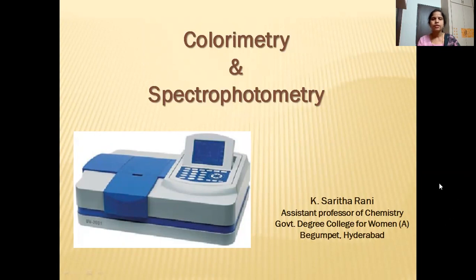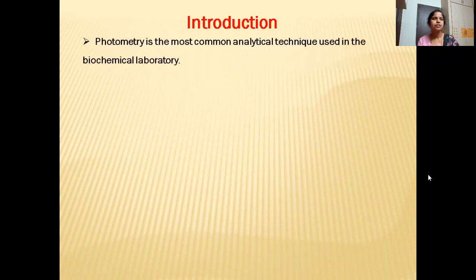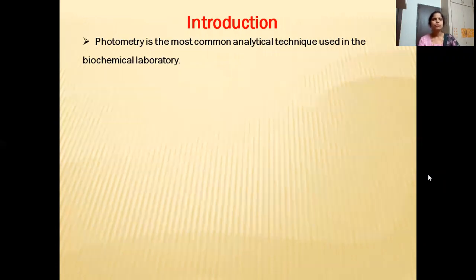So before going into this topic, let us know what is photometry. As these two techniques are concerned with light, we can study photometry and spectrometry when the light interacts with the matter. So the general study is known as photometry.